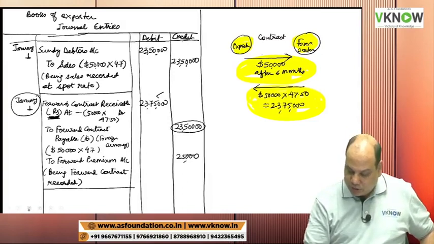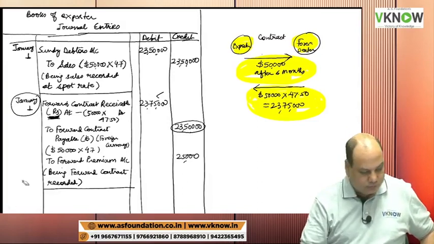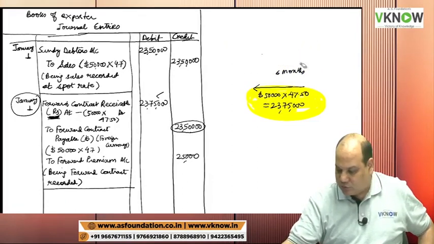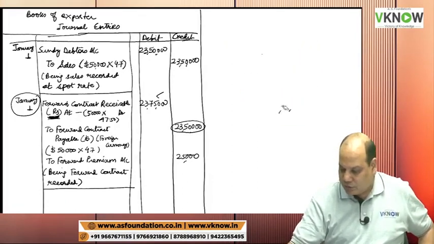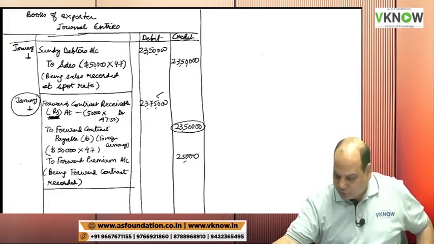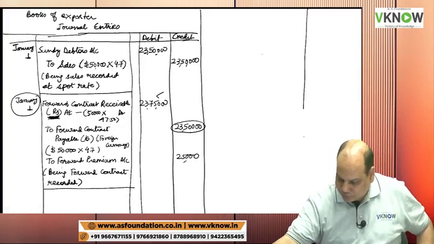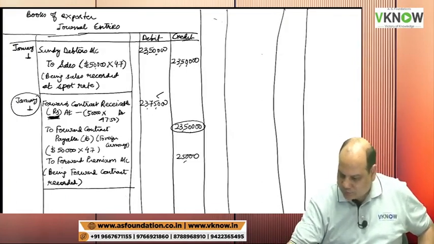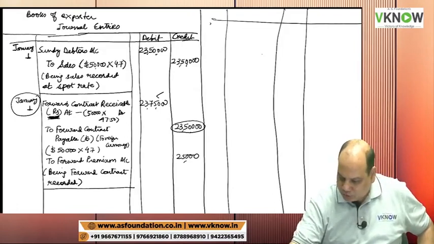Now this is the date of transaction. Then we will come to 31st March. What will happen on 31st March? Again, let me first draw the format. You will continue below.